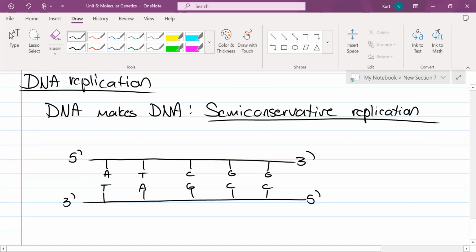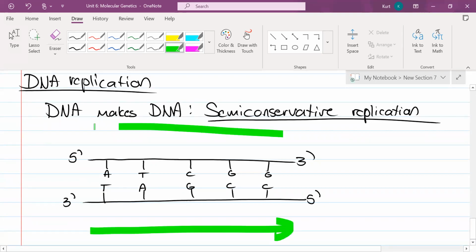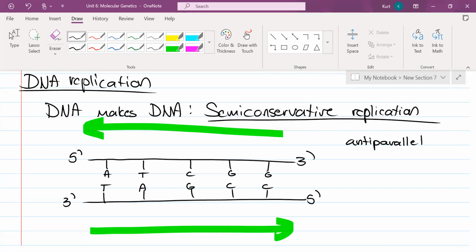Is it 5 to 3 or 3 to 5? It is read 3 to 5. So the bottom one will be read this direction, the top one this direction. What do we call this phenomenon where DNA is kind of like a highway, side by side but going in opposite directions? This is known as anti-parallelism, or you can just say that DNA is anti-parallel. That is correct. So the first thing that happens, what enzyme unzips the genes?